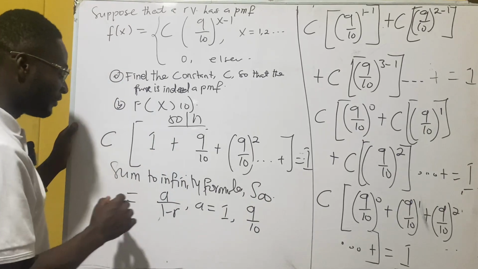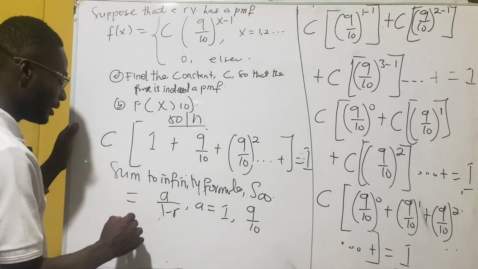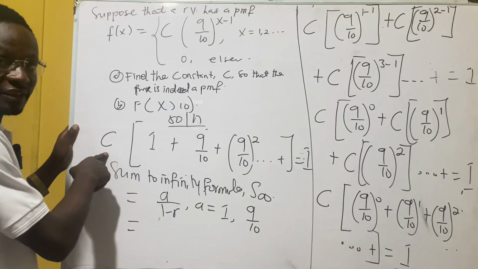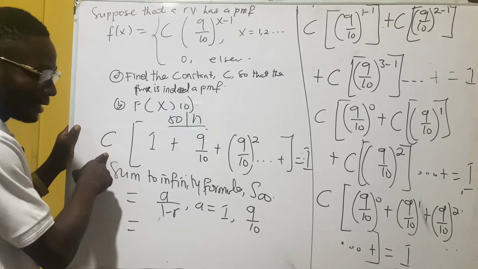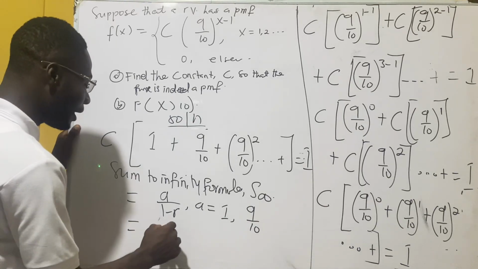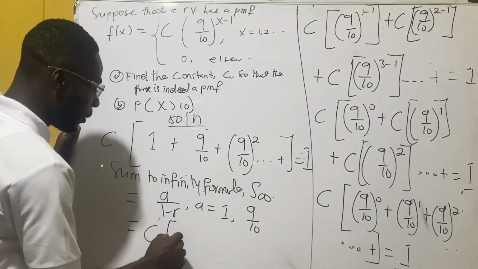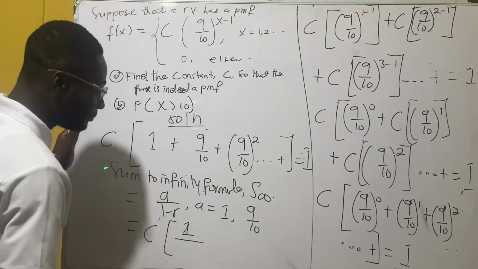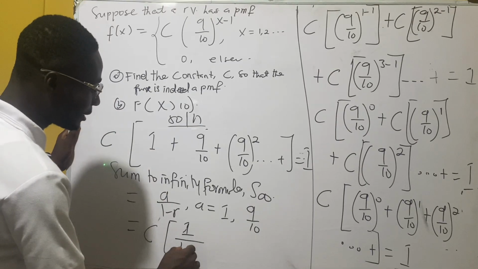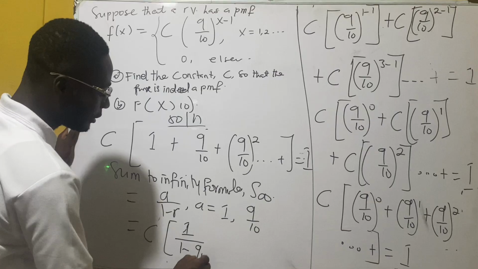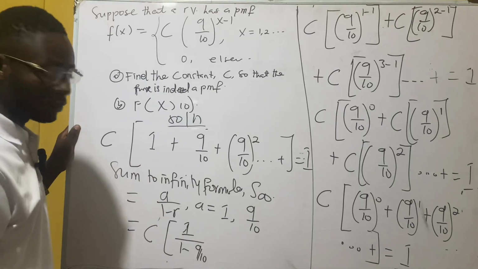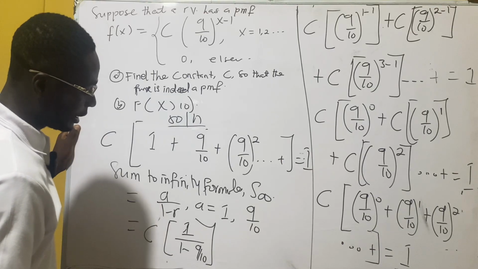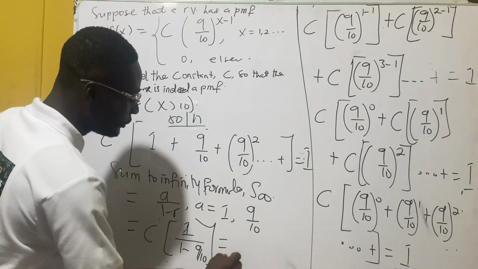Once we have this information, you see we have c factored out here, so we can say c into our a, which is 1, all over 1 minus 9 on 10, and that should be giving you 1.